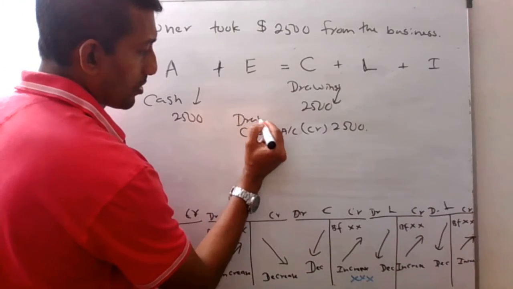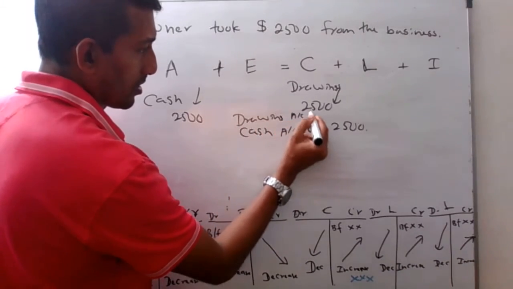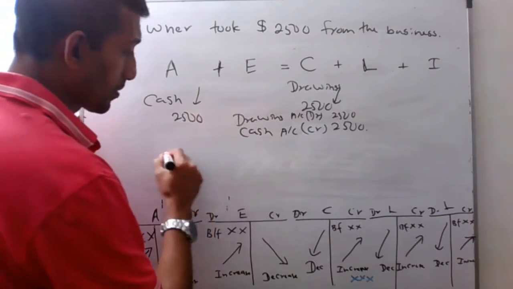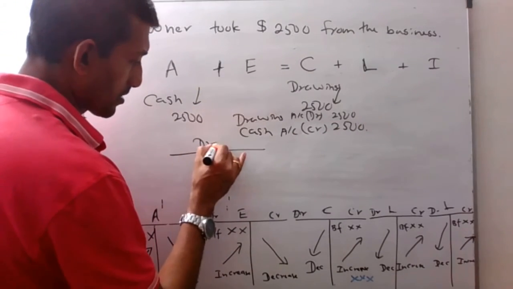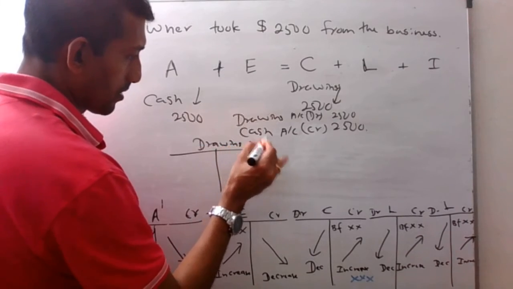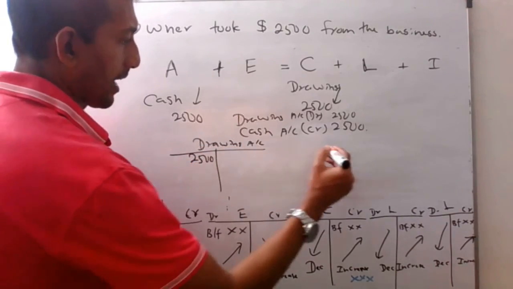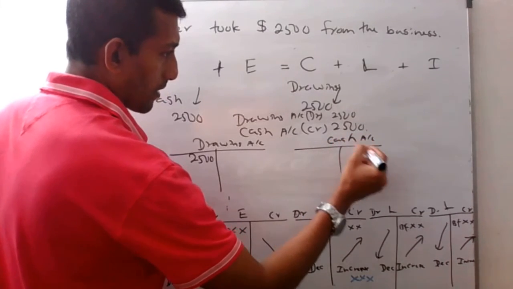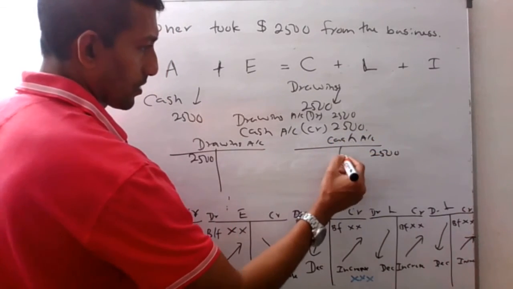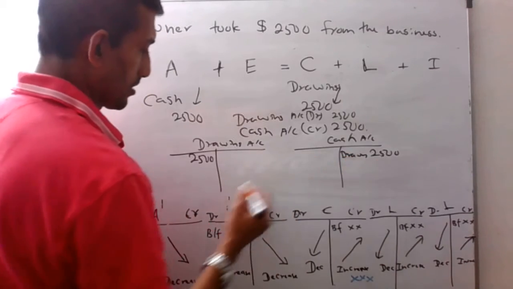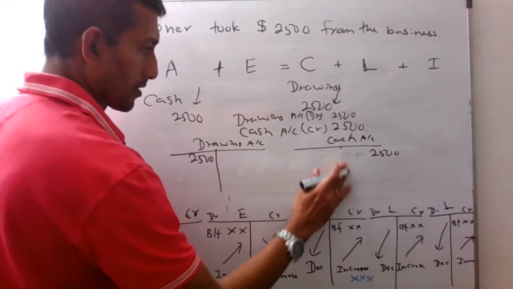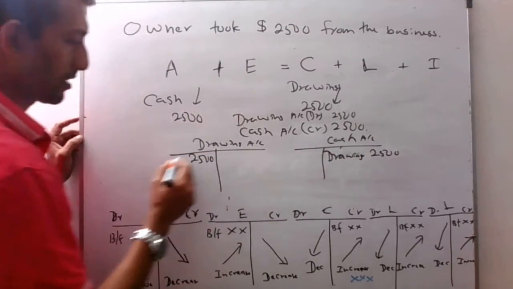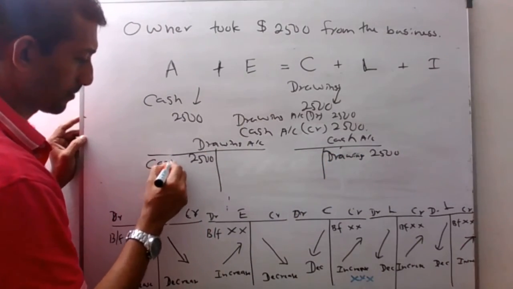So therefore drawings account we debit 2500. So if I put it into the ledger, we have a drawings account where we debit 2500, and we have a cash account where we credit 2500. And so here we say drawings, and here we say cash.